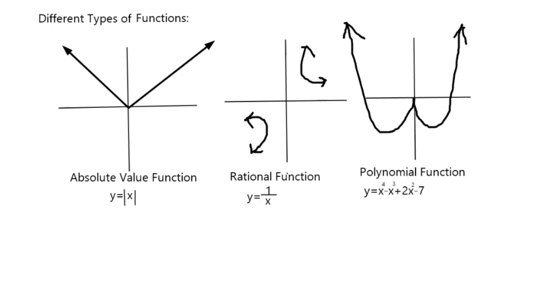There you have it. If we do the vertical line test also here, we will get the same exact answer. It will only be touched at one point. So therefore, this is considered a function.